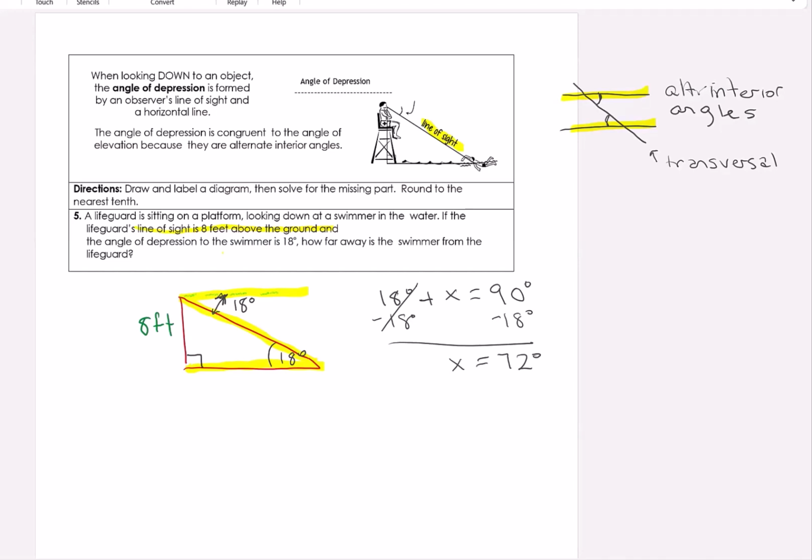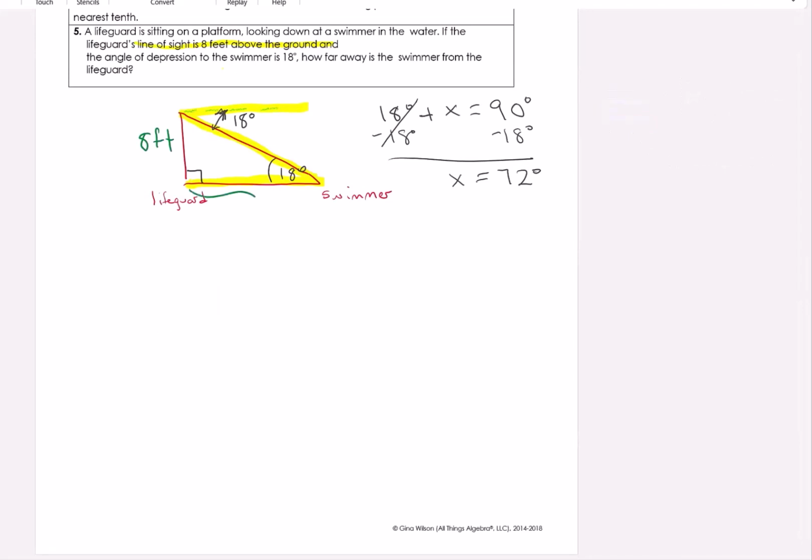How far away is the swimmer from the lifeguard? Well, here's the lifeguard. The lifeguard's looking at the swimmer. So the swimmer's over here. And I want to know this distance. And again, I can call it x. That's how far away the lifeguard is from the swimmer. I have opposite over adjacent, which is again tangent.